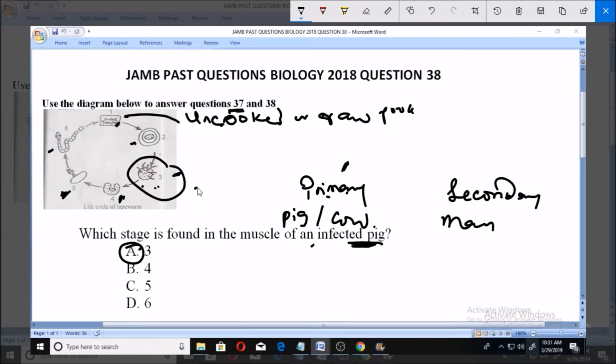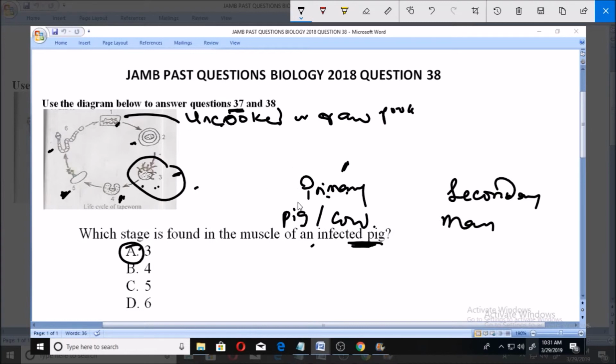Now when this very meat is improperly cooked and it is eaten, since it's in the muscle of the primary host, it's now eaten by man. You understand? Then man starts playing host as the secondary host this time around. So they further develop in this secondary host, which is man.